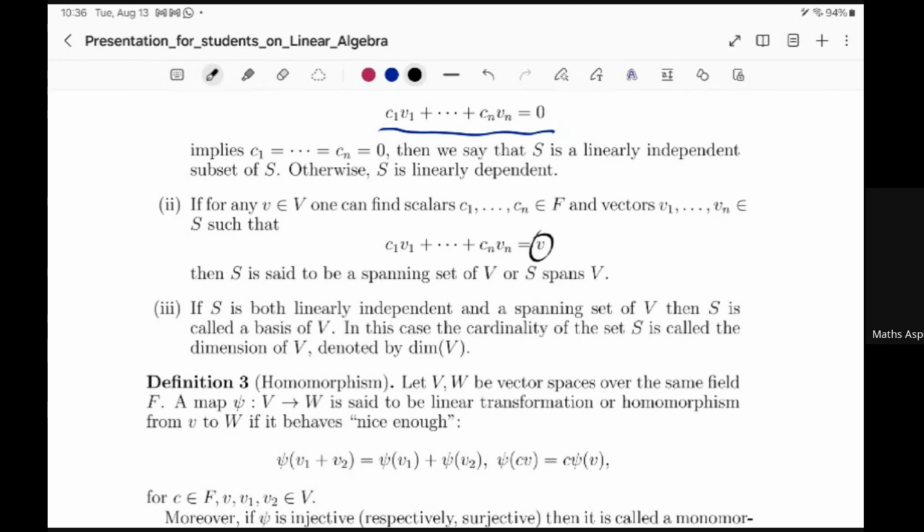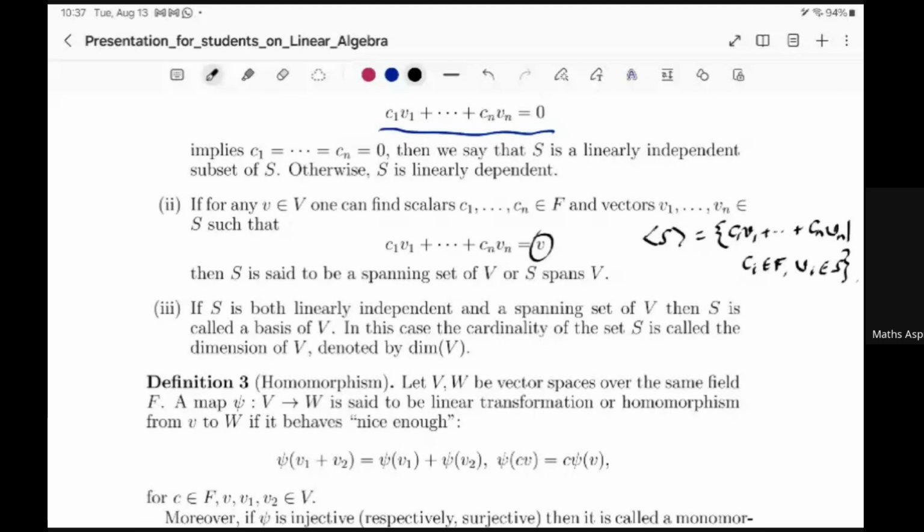In other words, we generally write a spanning set like this. Say S is a set, then the span is denoted by these angular brackets. What we mean is that we consider all the elements c1 v1 up to cn vn, where the ci's are elements of F and the vi's are elements of S. So this is the set we are considering.